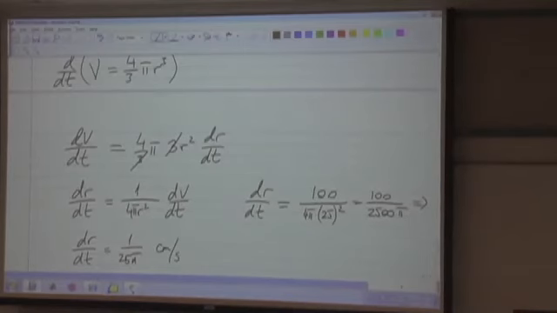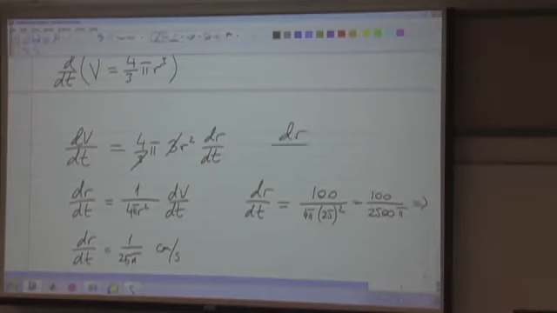Okay, so I have a question. When you get dr dt by itself, you divide by 4 pi r squared on the right side. How do you know that the left side is 1 rather than 0? What do you mean? The left hand side is dV over dt. I know. So how can it be 0? You're moving one part of the equation towards the other side.